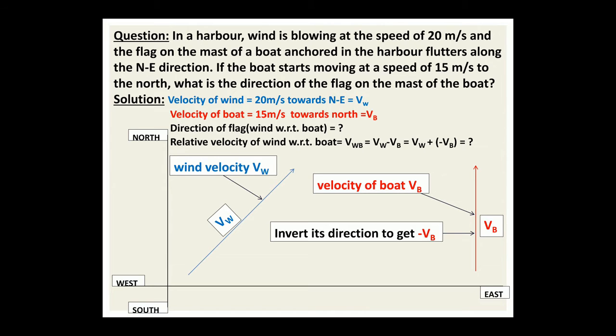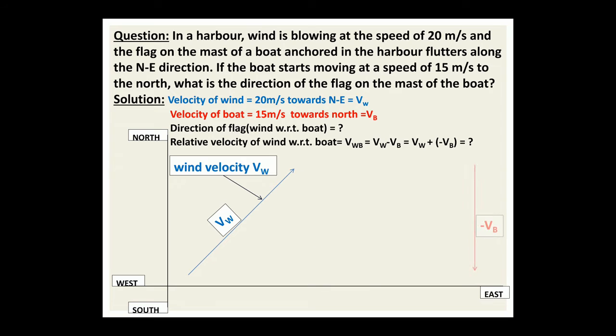Instead of minus VB we have VB. So how do we get minus VB? As you know, if you invert the direction of a vector, you get its negative. So to get the negative of VB, simply invert the direction of the red arrow, which is indicating the velocity of boat.